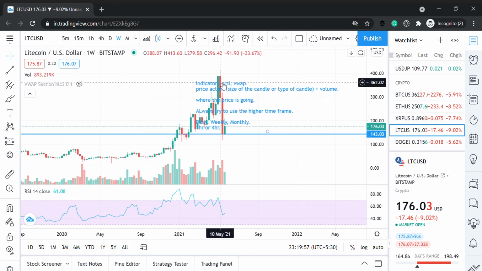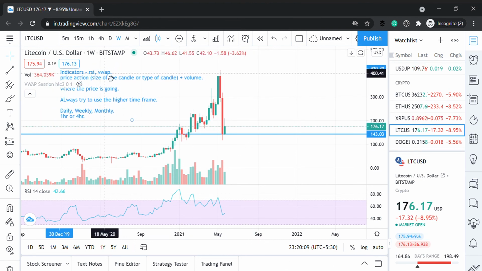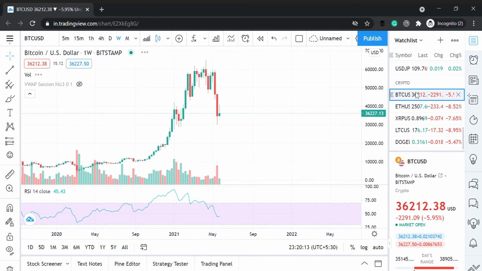So when you see the weekly trend of a particular Litecoin, it's a good trend, it's a healthy trend of upwards. And let's see what happens here in the next couple of days. Let's see what's the trend.